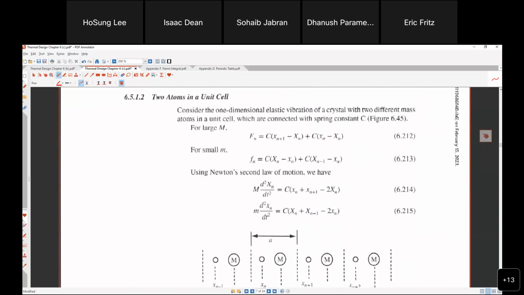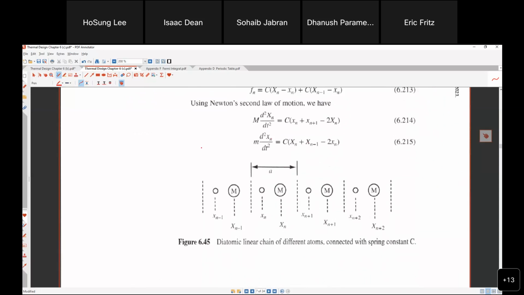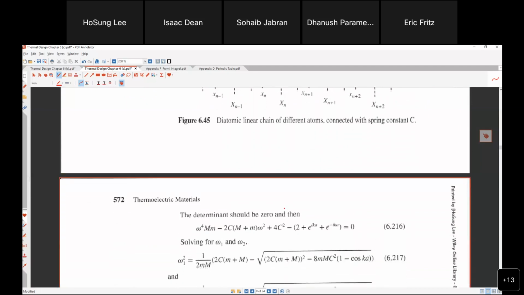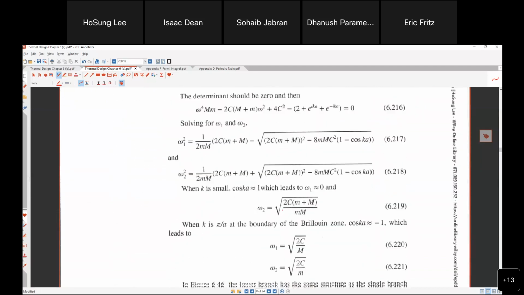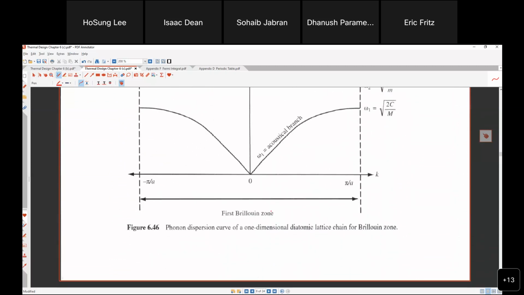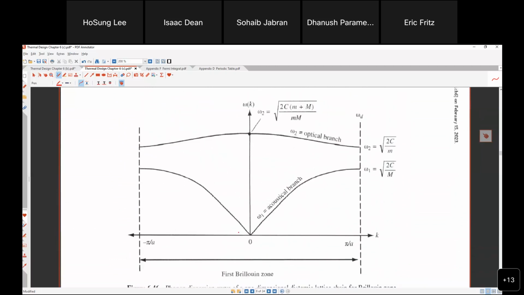Now, when we do two different atoms, mass M, two different, then so weird. We just use the mass, and we found what the dispersion curve is something like that.